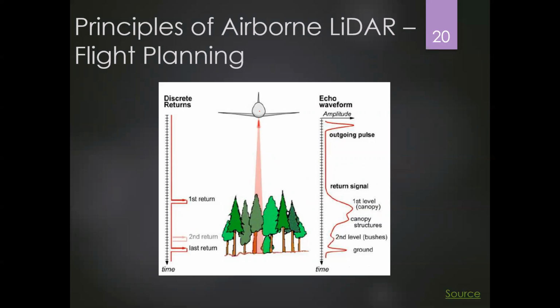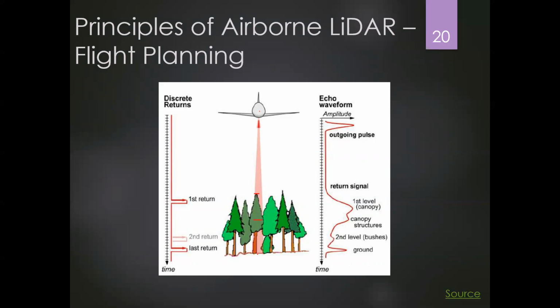This beam travels to the canopy of the tree and penetrates the canopy and arrives at the ground. During this process of penetrating, some of the signal will be reflected by the top of the canopy. Some of it will be reflected by the middle of the canopy.